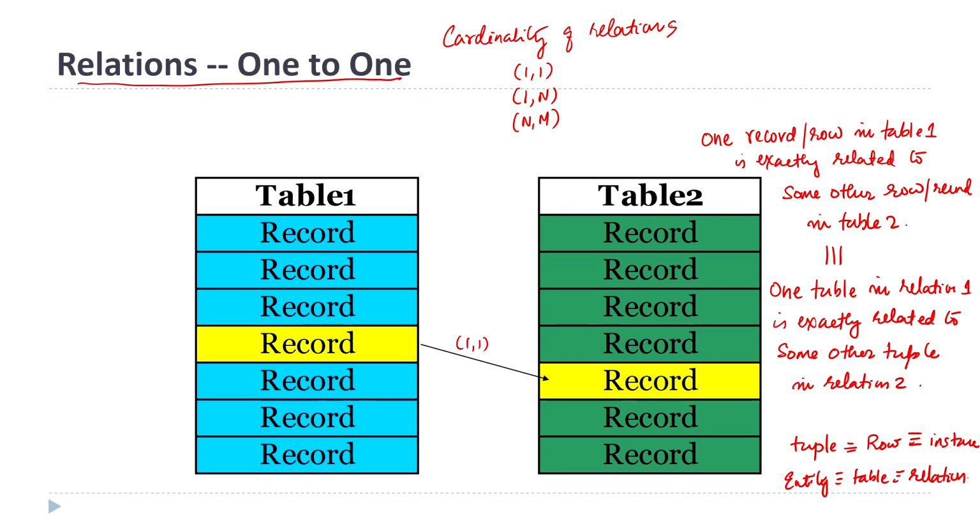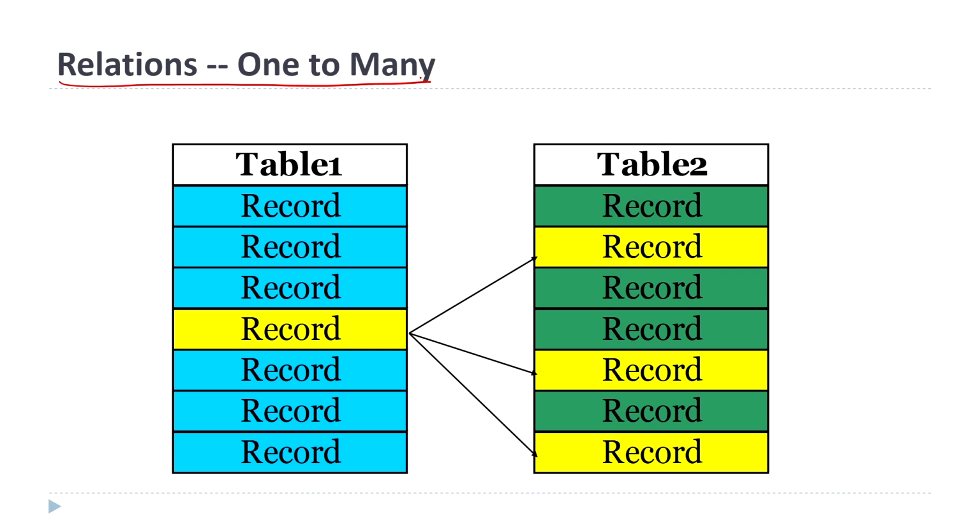Now comes the second one, one to many. This is the scenario we call 1 comma n. How do we say this?